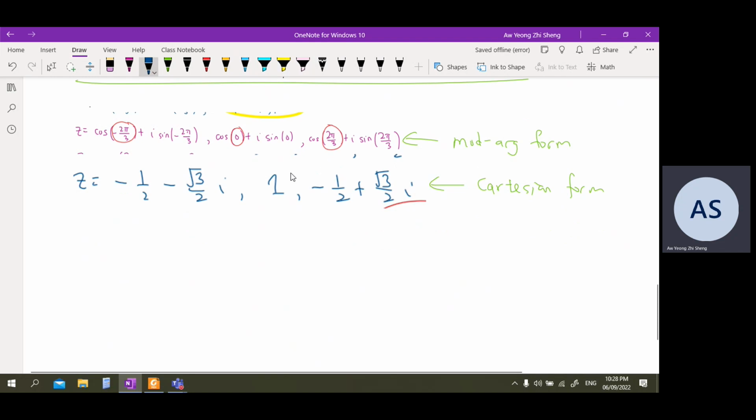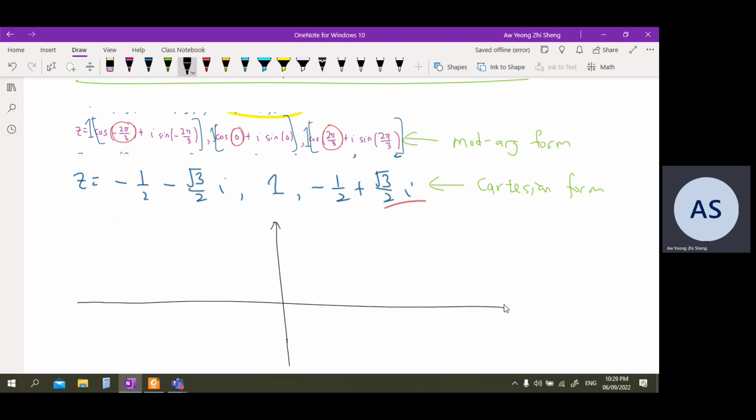Okay. Now, from the modulus argument form, we know that the r in each of these 3 solutions are all 1. Okay, there's an invisible 1 here, and similarly, there's an invisible 1 here. So that means if I plot out the point representation of these 3 solutions on an Argand diagram, they will be located along the circumference of a unit circle centered at the origin.